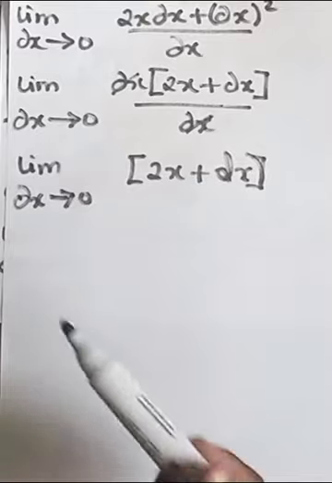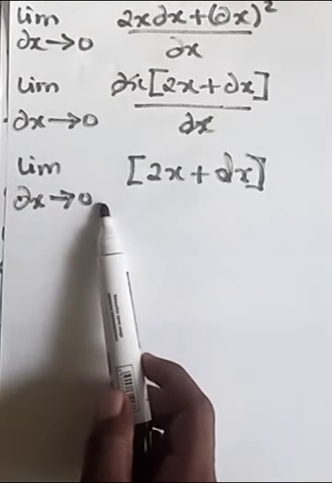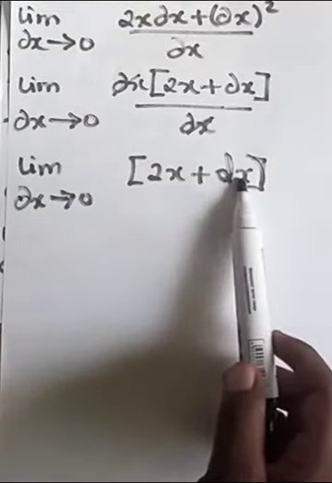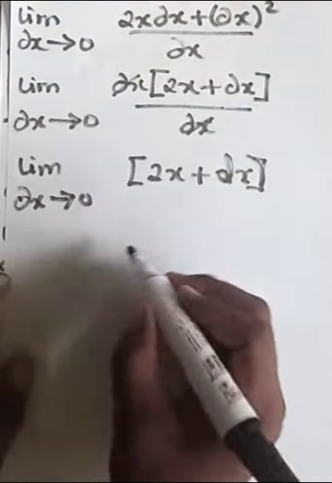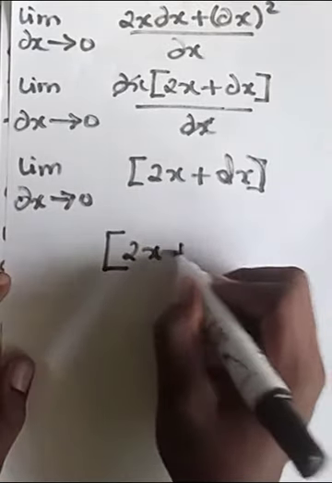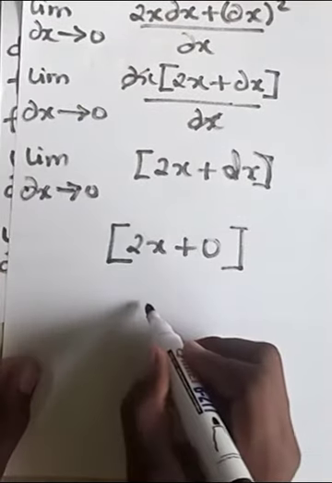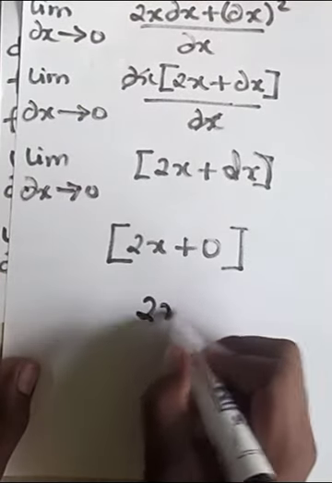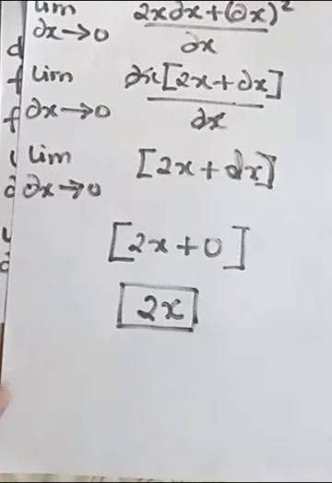We can clearly say that the limit as delta x tends to 0 of 2x plus delta x, we're going to replace delta x by 0, where we're going to have 2x plus 0. And we clearly have 2x. And that is the differentiation of x squared.